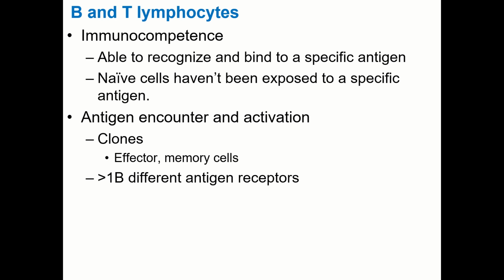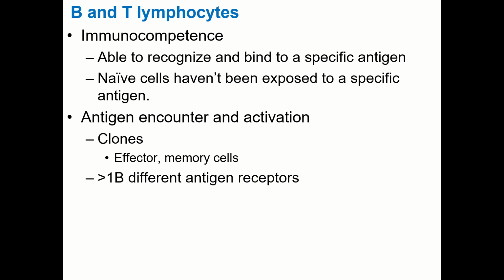But then, in addition to making those plasma cells, that B cell is also going to make clones of itself that function as memory cells. And so the memory cells have that same antigen receptor on them. And so we're going to have a bunch of memory cells just kind of hanging out, again, potentially for decades, inside of our lymph nodes and our spleen and circulating.